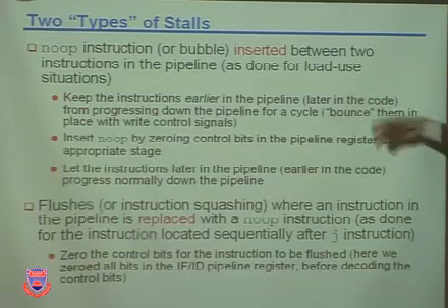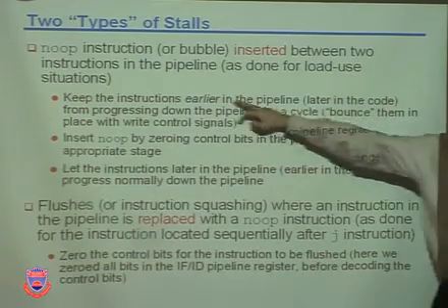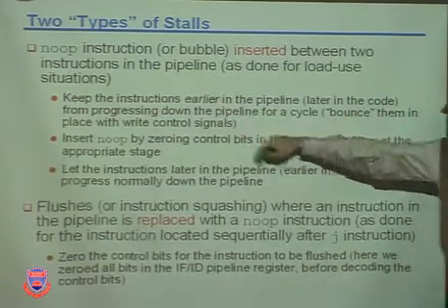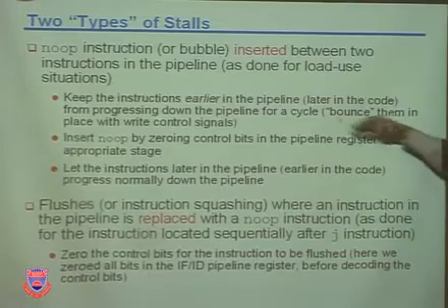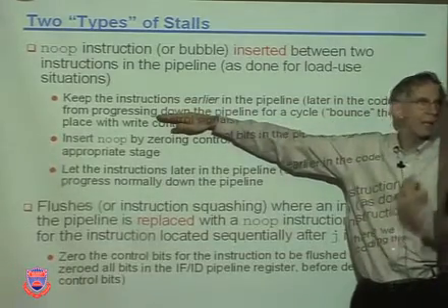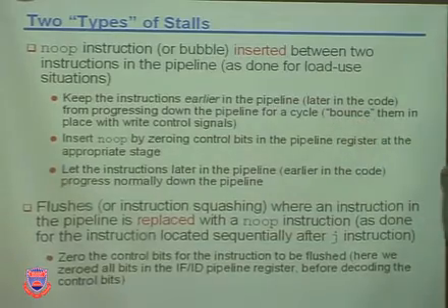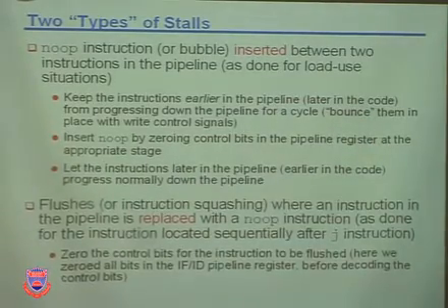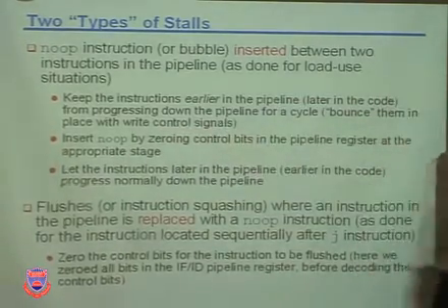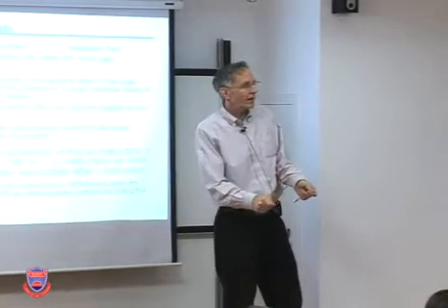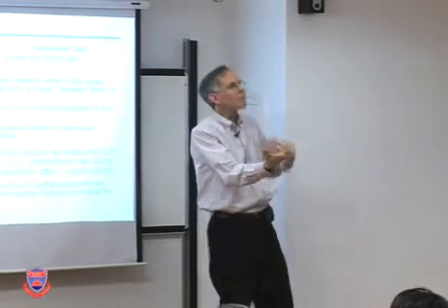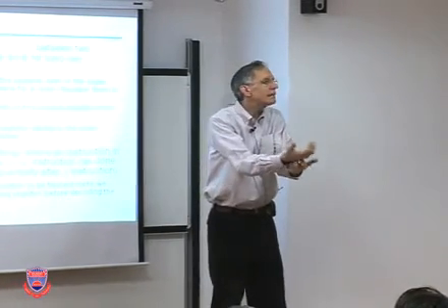Let's go through, for the load use situation, you want to keep the earlier instructions in the pipeline where they are. You want to keep them from progressing down the pipeline. And so you need to be able to bounce them around or hold them right where they are, okay, with write control signals. Namely, don't write the new thing. If something's stored in a register and you don't write anything new on top of it, you've held the value.